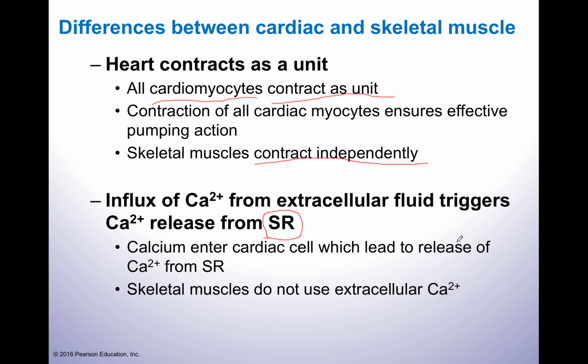That leads to release of calcium from where? Sarcoplasmic reticulum. So basically, you first have calcium coming in from the outside into the cell, and that calcium causes the release of calcium from the sarcoplasmic reticulum. Skeletal muscle cells, on the other hand, have no calcium coming from the extracellular fluid.